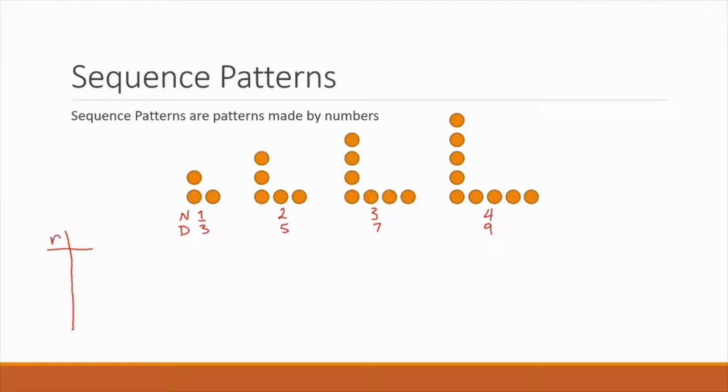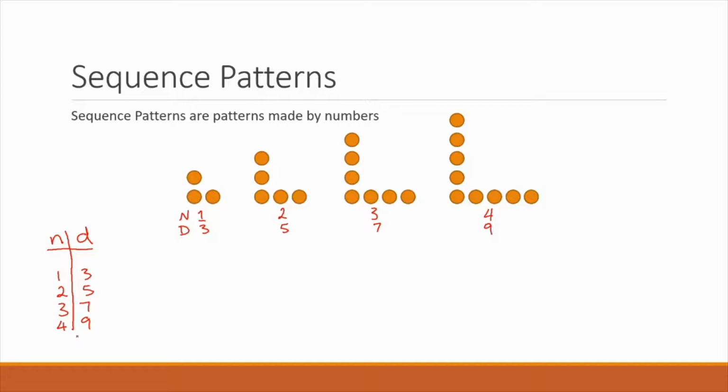I'm going to call it N, and on my other side I'll have my number of dots. I call it D. And then for pattern number 1 I have 3 dots. Pattern number 2 I have 5 dots. Pattern number 3 I have 7 dots, and pattern number 4 I have 9 dots.